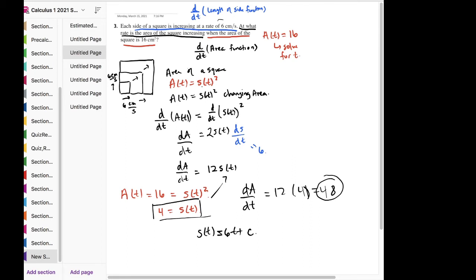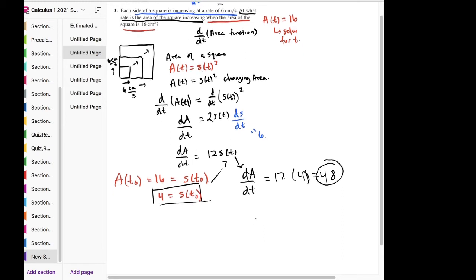So we could maybe have said A of t naught is equal to 16, and then this is equal to some s of t naught. Okay, any questions on that?